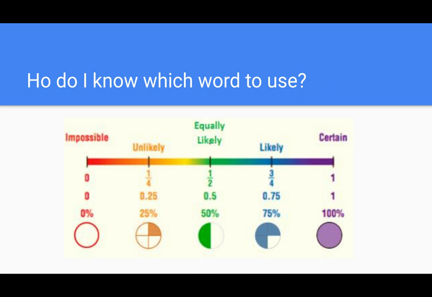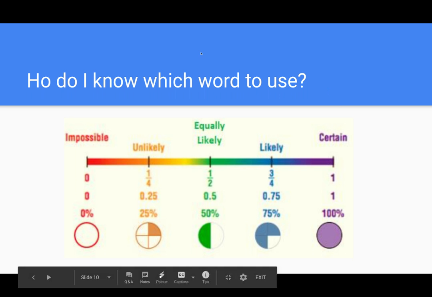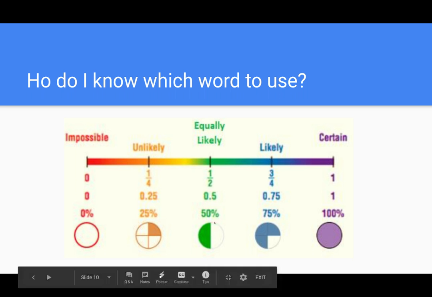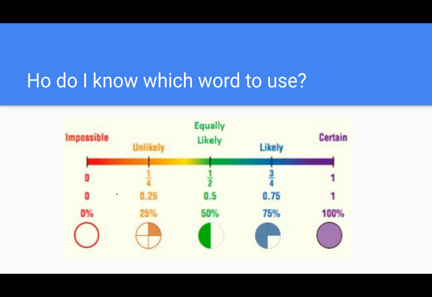Now I'm going to jump to the middle to equally likely. Equally likely has to be exactly 1/2. For instance, if you flip a coin, what is the probability that the coin will land on heads? Well, there's 1 head out of 2 sides, so that's 1/2 or 50%. So remember, impossible is exactly 0. Equally likely is exactly 1/2. Certain is exactly 1. But what about all this stuff in between?